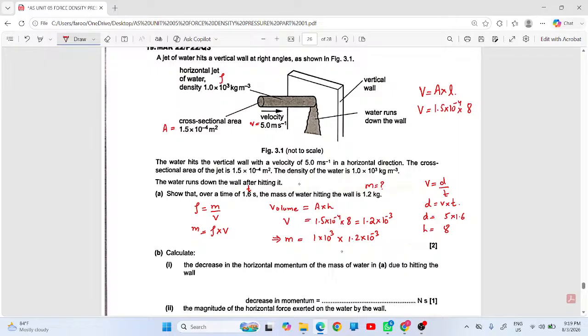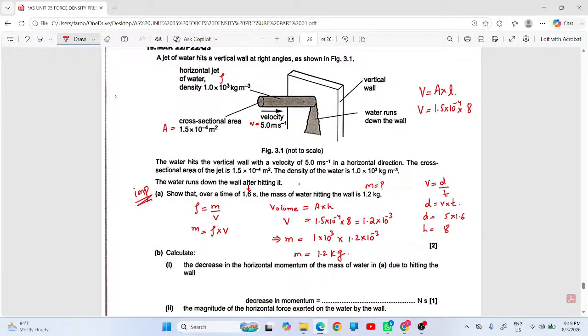It's 1.2. देखो ना, 10 power plus 3 and 10 power minus 3 will be cancelled out. So you are just left with 1.2 kg. ये important है वैसे.